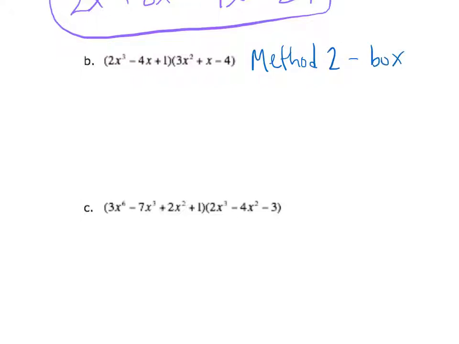For this method, you need to set up your boxes so that the number of terms is going to be across either the top or the side, it doesn't matter. So you need 3 slots here.